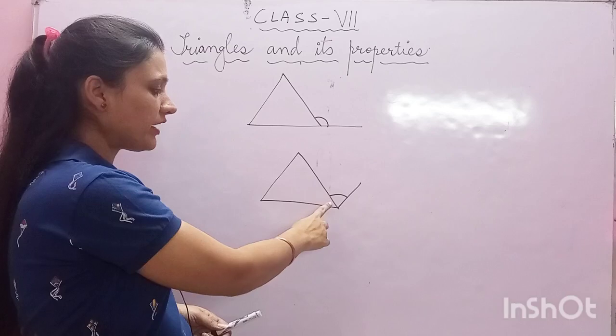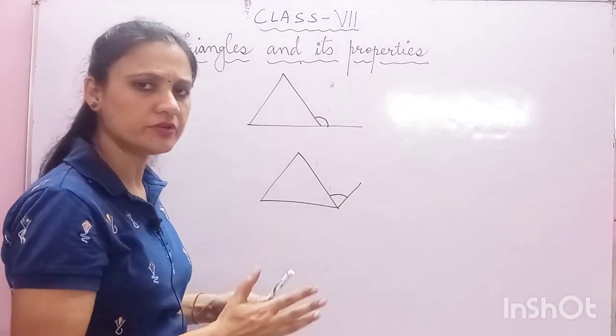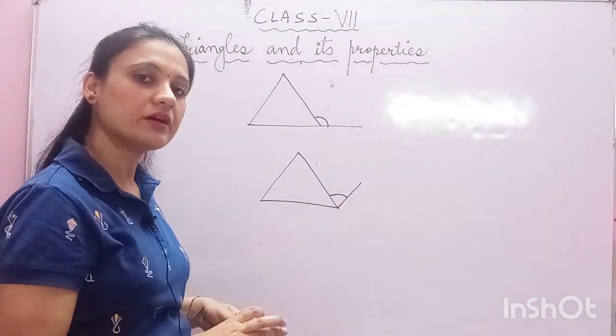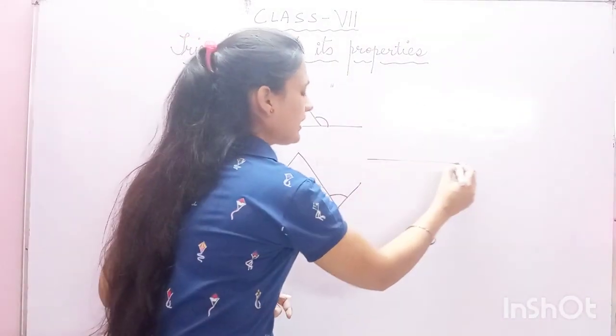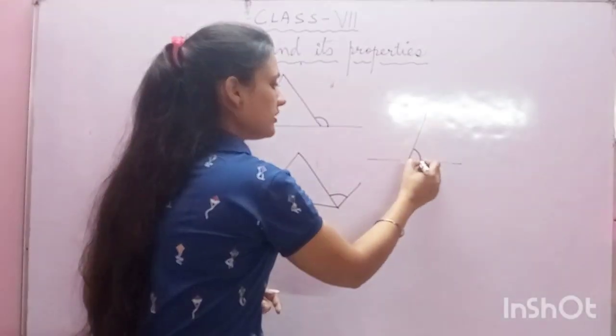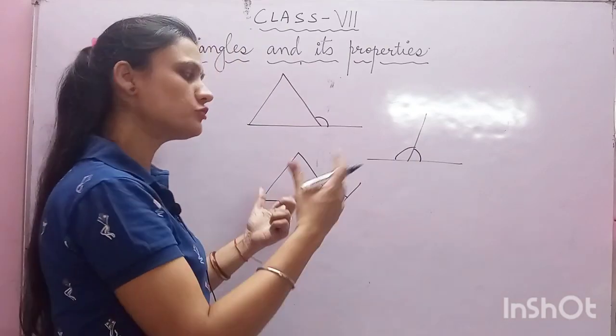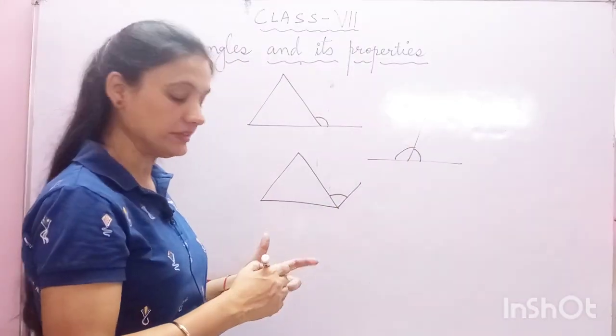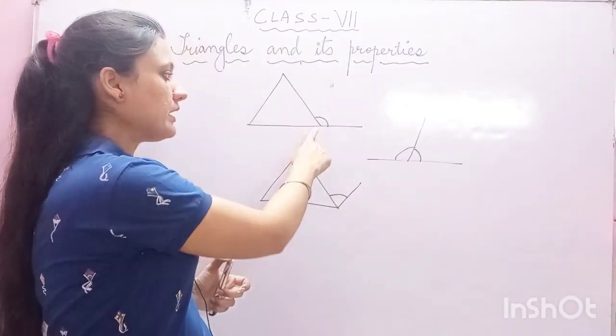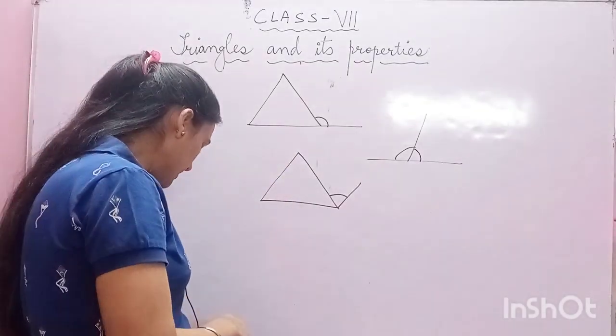Here you can easily find out it is not making a linear pair. Do you remember linear pair? Linear pair means when a straight line is divided into two parts, equal or not equal. That is a linear pair. So it should make a linear pair with the interior angle.